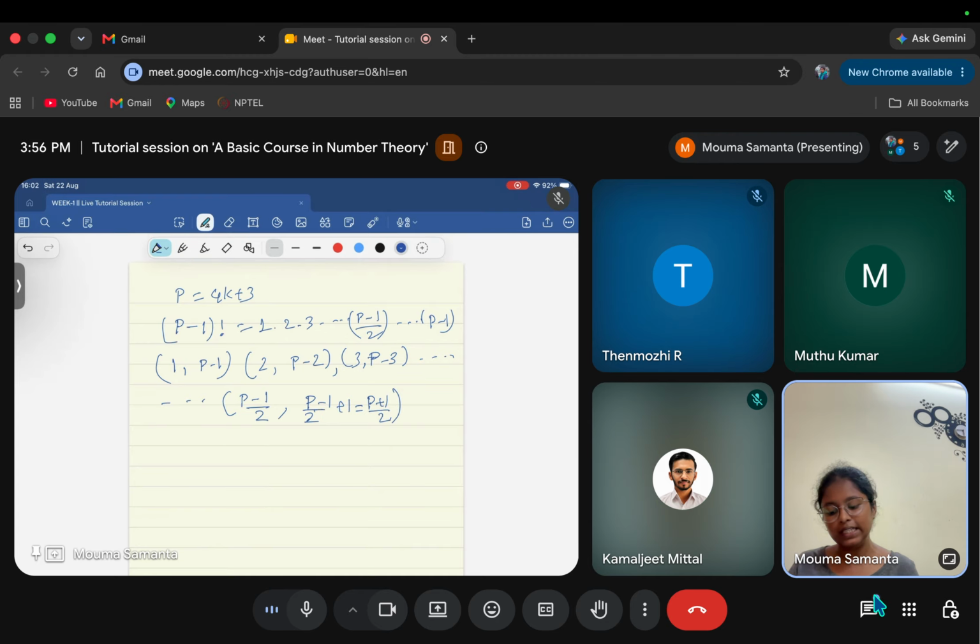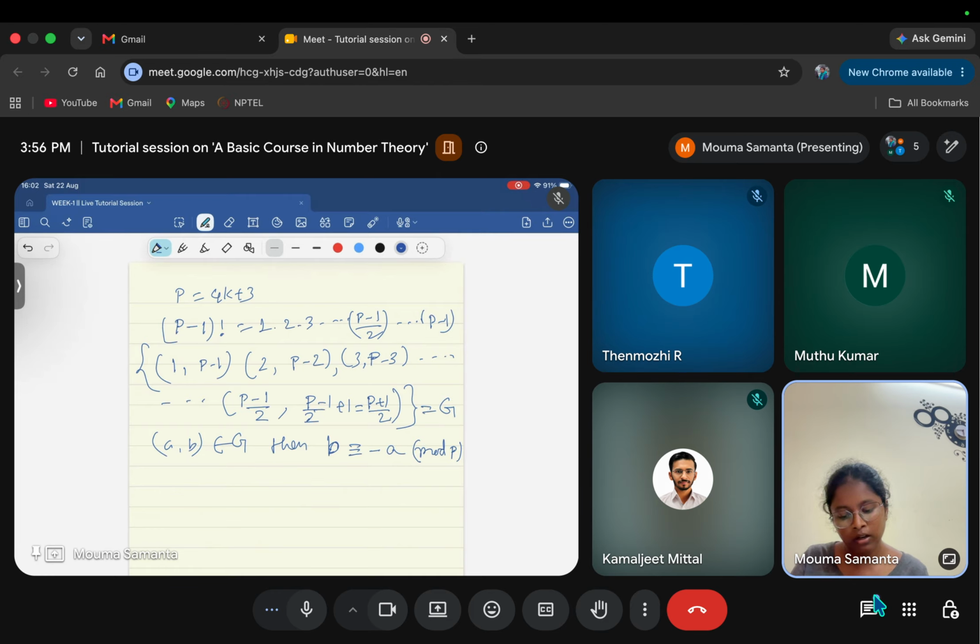So in each pair A, B, this is the set of pairs, we are calling it G. If A, B belongs to G, then B is congruent to minus A mod p. This is exactly what we have done.